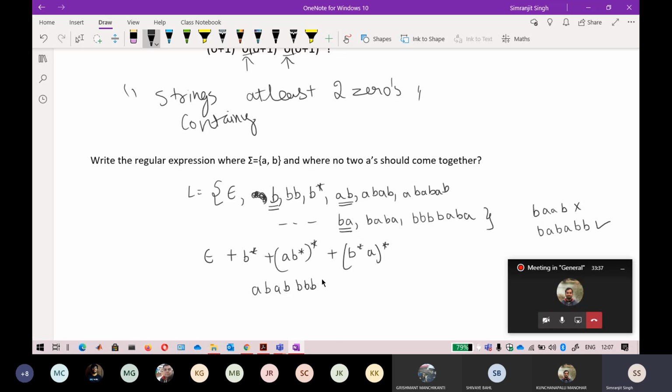But this is not possible, ABBA. This string is not possible, Mayank. To make this string possible, you would try to write a star on it. But if you write a star, two A's can come together.